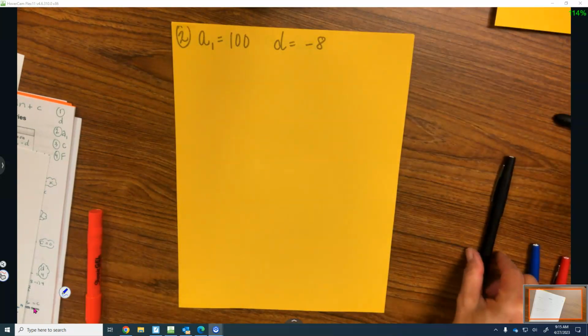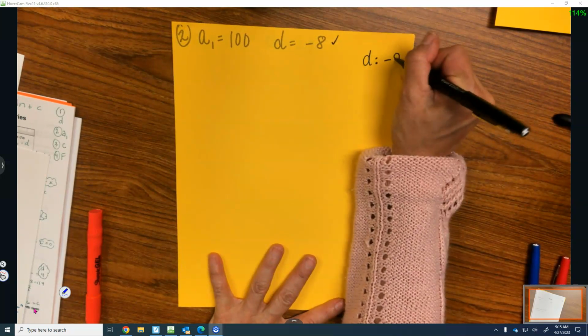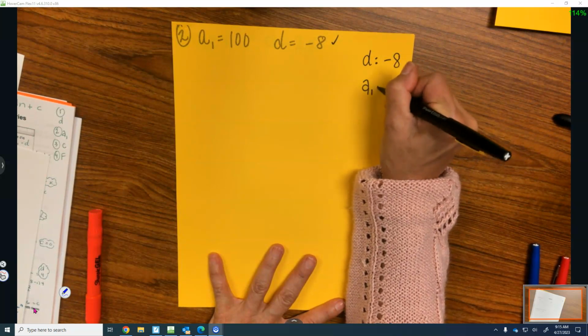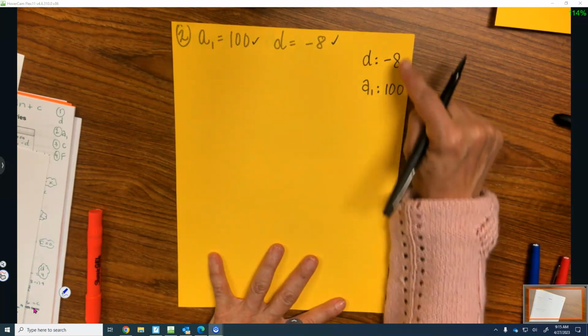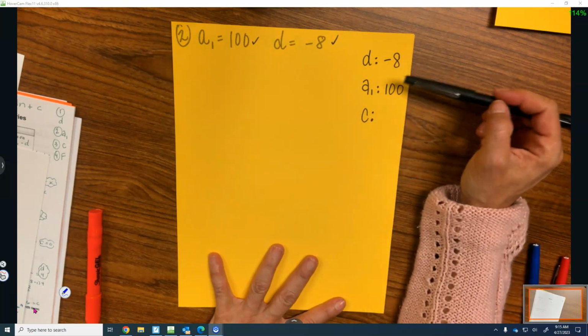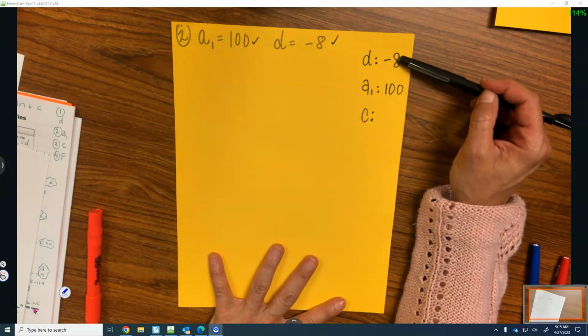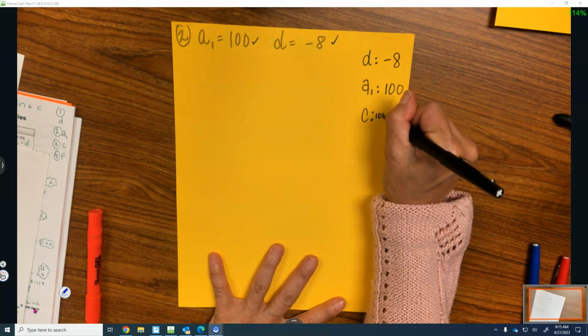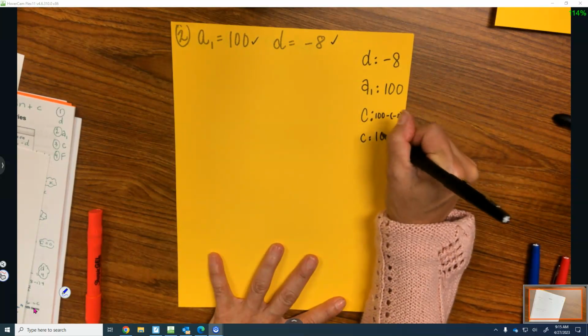So again, for the next one, we need the difference, which we have. It's -8. We need a sub 1, which we have is 100. And we need these two to find the constant. And remember, the constant is a1 minus d. So 100 minus a -8, that's going to give us a positive 108.